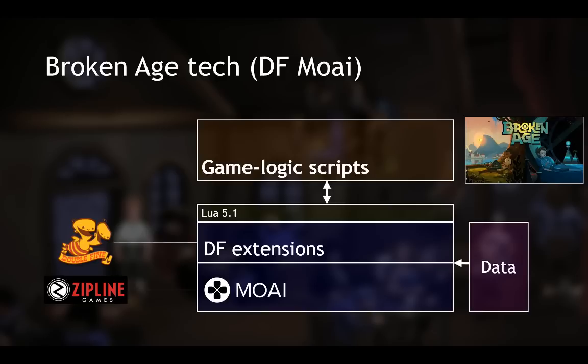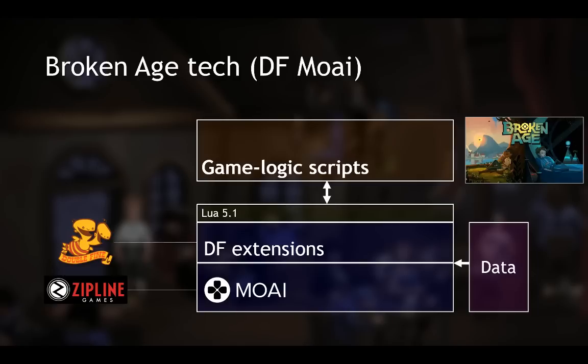So just like before, we decided that the actual gameplay logic should be implemented in a high-level programming language, to make it as easy as possible to implement these puzzles and dialogues and so on. And just like with Grim, we decided to use Lua. At this point, Lua was pretty much the de facto standard for scripting languages in the games industry. But now, since it's been years since Grim Fandango came out, we used the latest version, which was Lua 5.1.